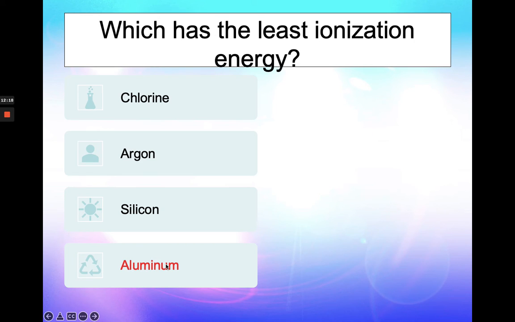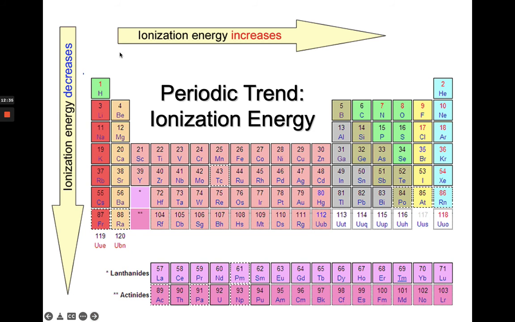Of all of these particular elements in period 3, it's the one that has the least protons and therefore is the least attractive to those electrons out in the cloud. Okay, let's do the next one. All right, so again, ionization energy increases going across and decreases going down.